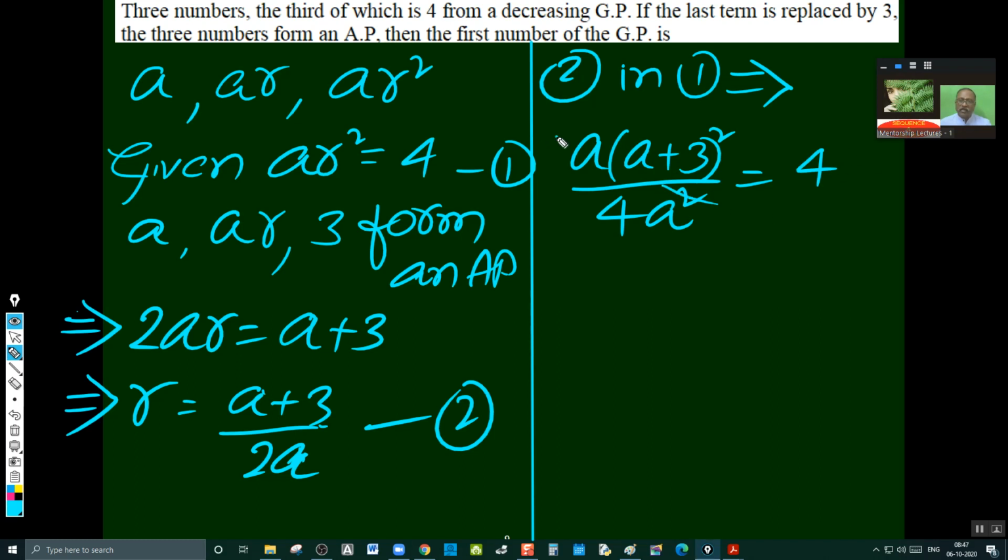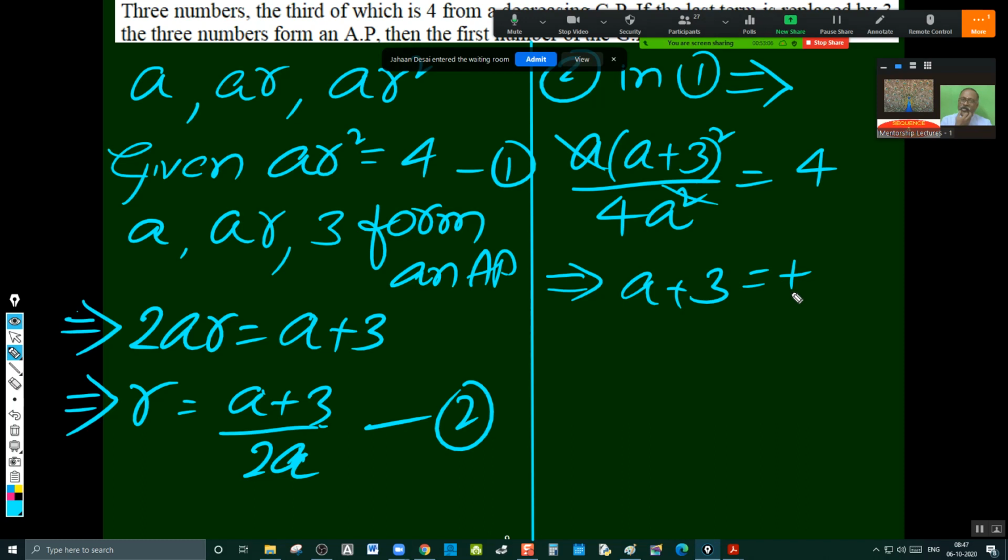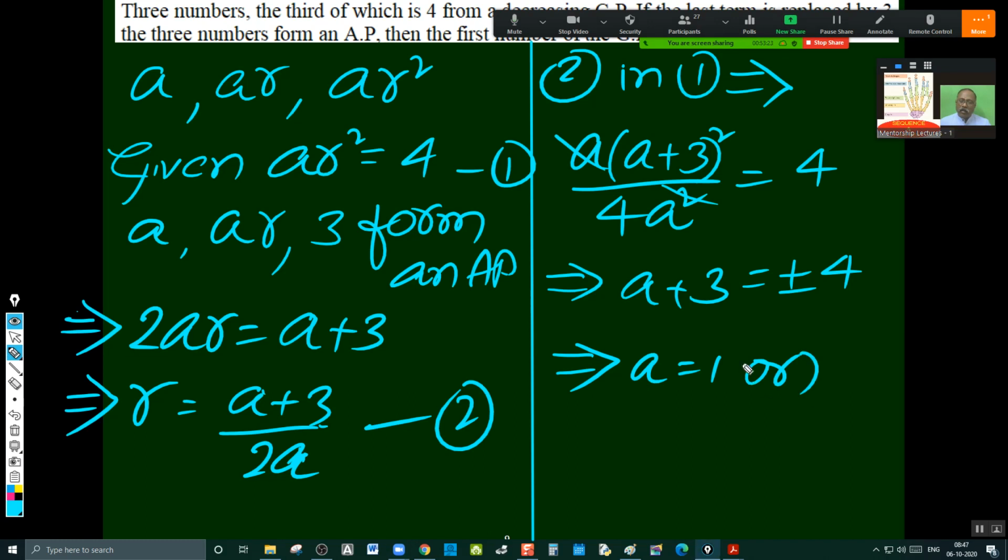This is getting cancelled. Implies A plus 3 is equal to plus or minus 4. Implies A is equal to 4 minus 3, that is 1, or A is equal to minus 4 minus 3.